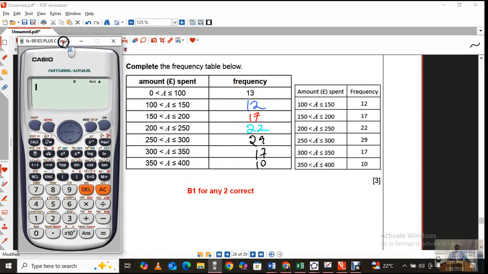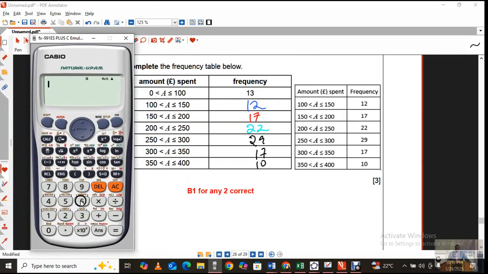If I go to the frequency table, if you add 13 plus 12 plus 17 plus 22 plus 29 plus 17 plus 10, when you are adding those, it should add up to 120.